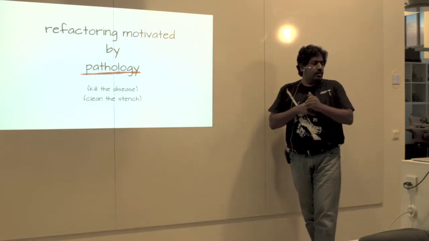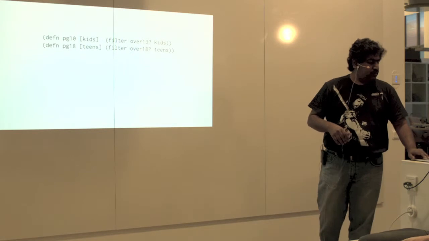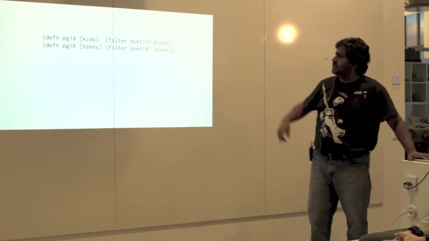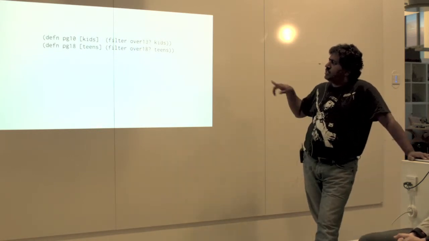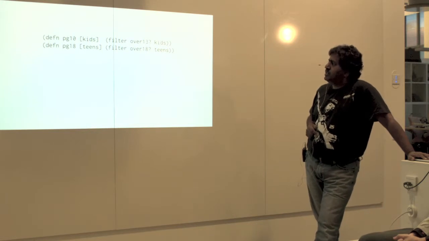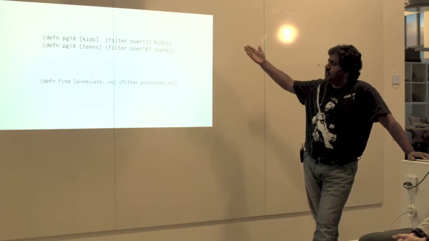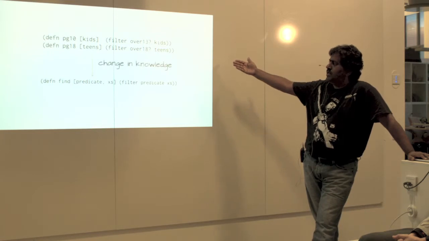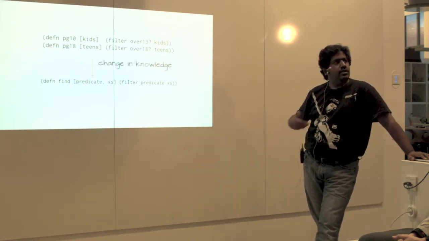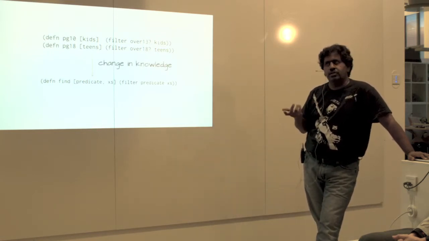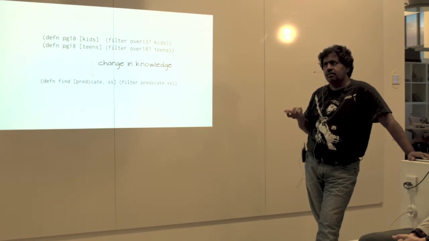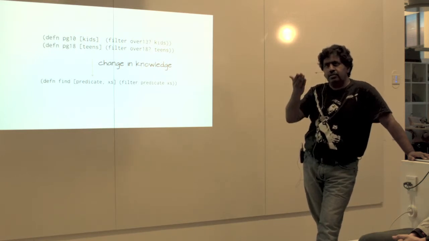But the thing is that when we come here, and this is where it started changing for me a few years back, when we take those two functions that we want to get rid of, we're actually conceiving a new abstraction. It's a change of knowledge that's happening here. Exactly as you were saying, it's a change of knowledge.